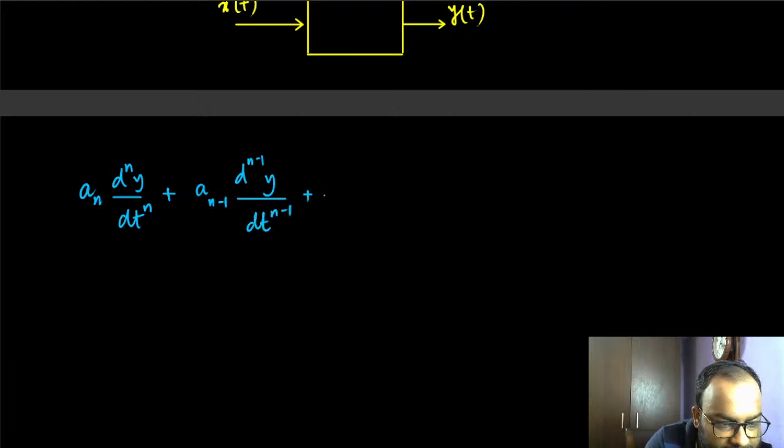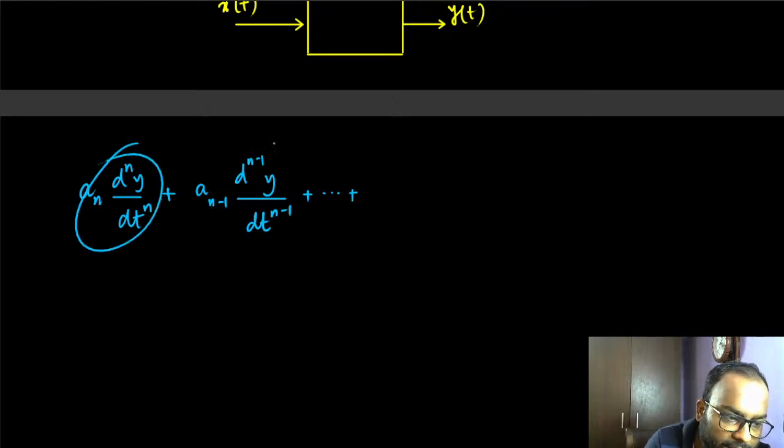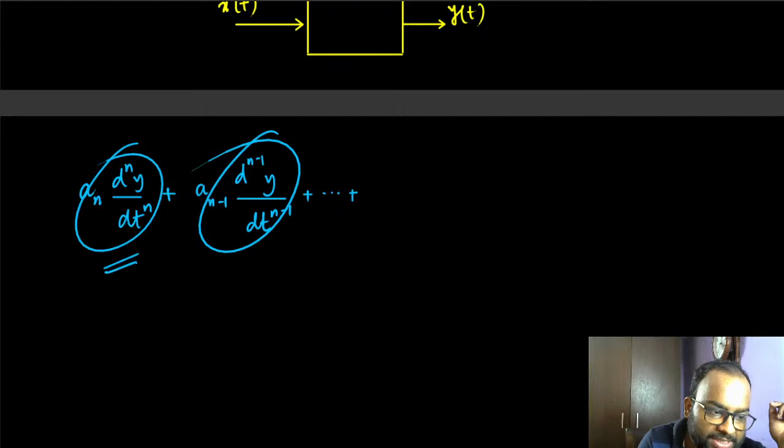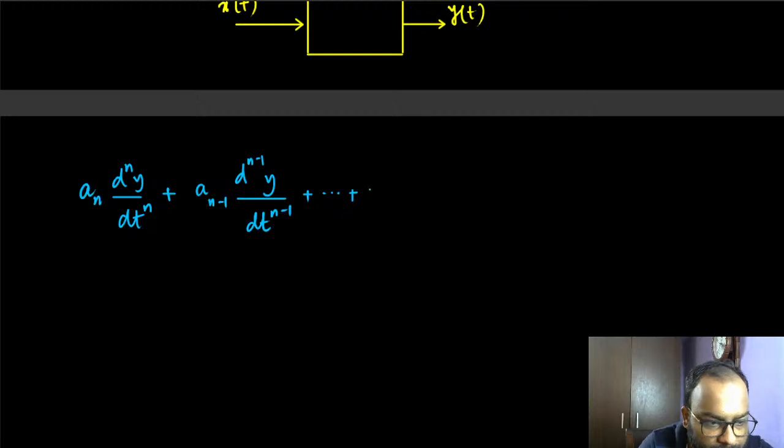So these are just derivatives. This is the nth derivative, this is the (n minus 1)th derivative, and so on. These are called ellipses.